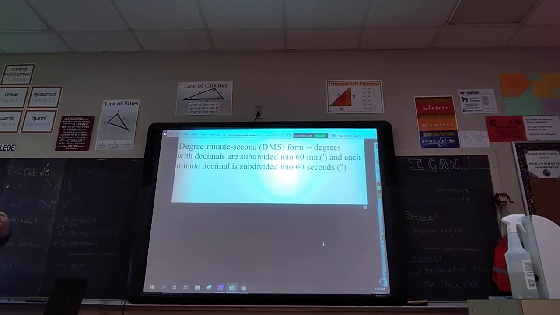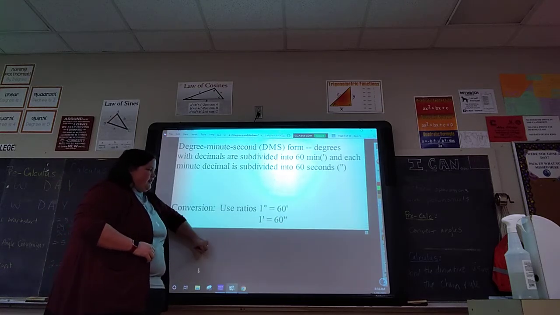Okay, also where it's used is if you're ever flying a plane or steering a boat around the globe. Again, you can't say turn the boat like 125.36782 degrees. That's hard to narrow down, but if they can subdivide it into two other categories, they can get a better location of where they need to steer their vessel to get to the point that they need to go. Okay, so that's one place that we see degrees, minutes, and seconds.